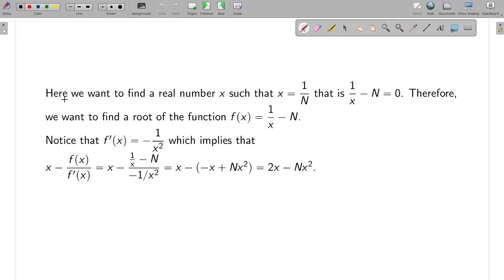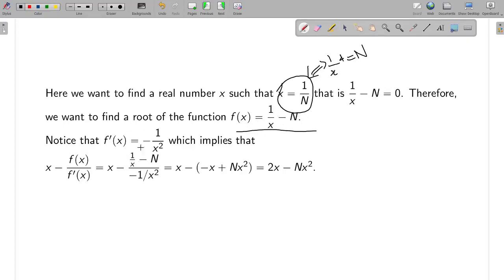So if we want to find a real number x such that x is equal to 1 by n, that is, x is the reciprocal of n, then equivalently this means that 1 by x equals n. x is equal to 1 by n if and only if 1 by x equals n. So taking the n on the other side, we get 1 by x minus n is 0. So basically we want to find a root for the function f of x equals 1 by x minus n.